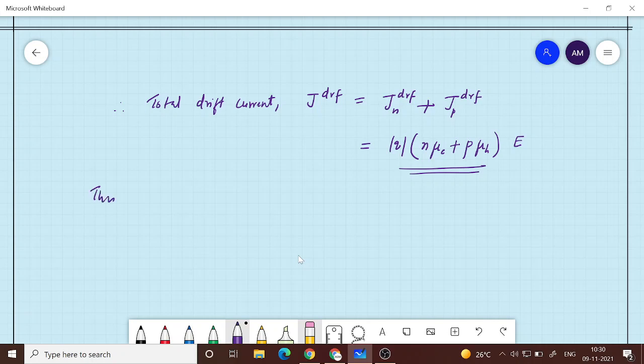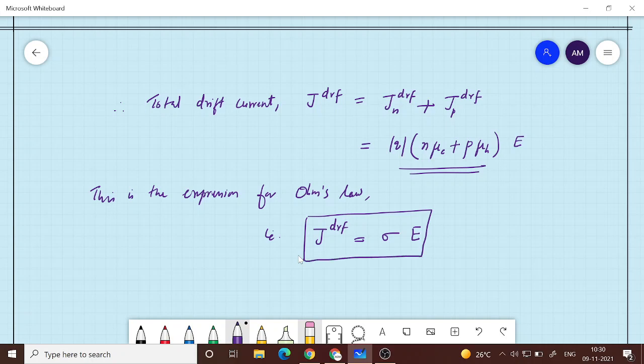So this is the expression for Ohm's law. J drift, the current density, is equal to sigma into electric field.